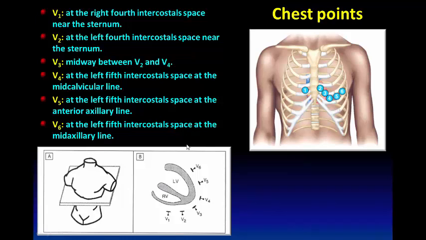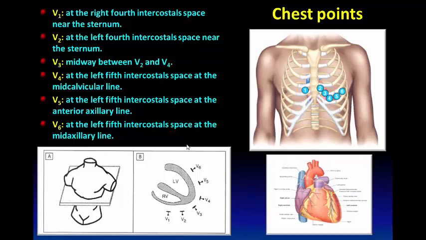You must know from anatomy that the heart has an anterior surface formed by the right ventricle. This is the anatomical position of the heart in the chest cavity. We have an anterior surface formed by the right ventricle, and we have an anterolateral surface, a surface which is anterior but is also facing laterally, and that's why we call it the anterolateral surface.